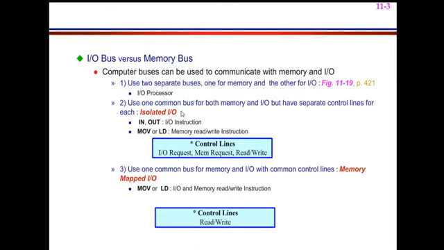Isolated means differentiated. I give some memory slots for the memory addresses, and I allot some other slots for my input and output devices to store their addresses. So memory addresses and input output device addresses are stored in two different memories. That is known as isolated I/O.